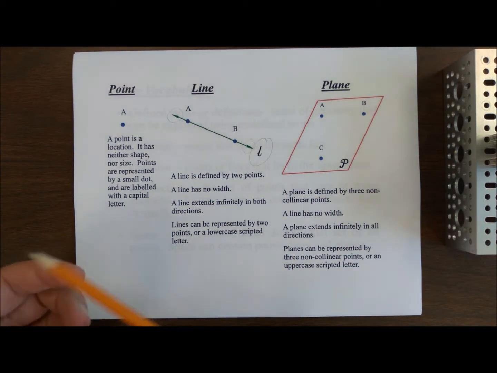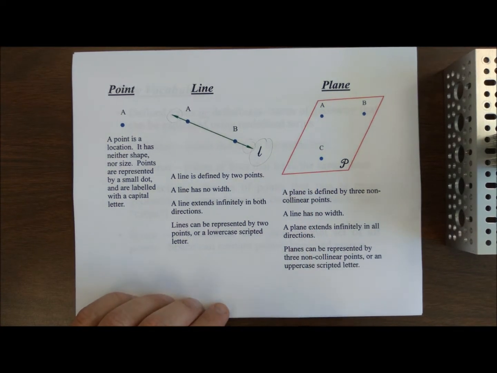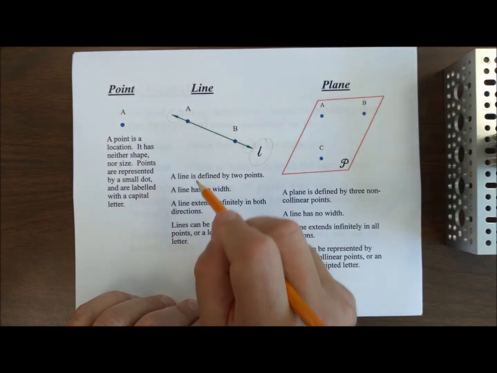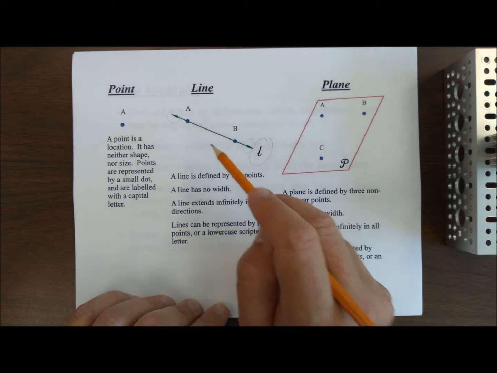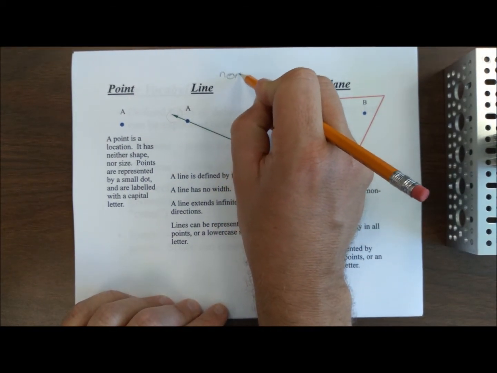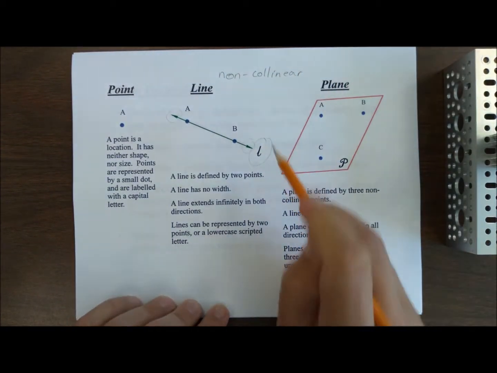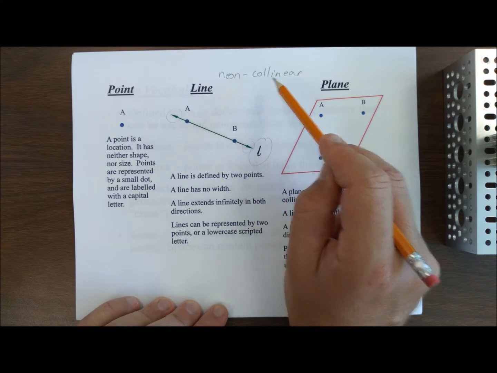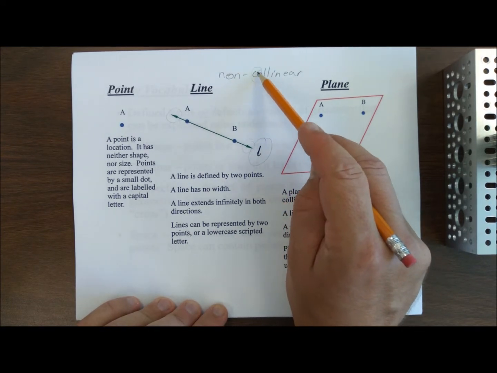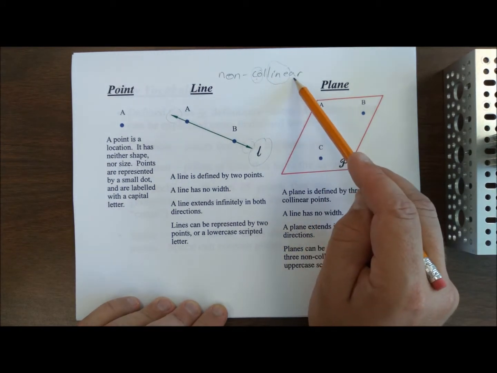Now, if we move beyond 2 points and we add a third point that is non-collinear, and we're going to look at that term in a little greater depth in a second. But when I say non-collinear, collinear implies things that share a line.